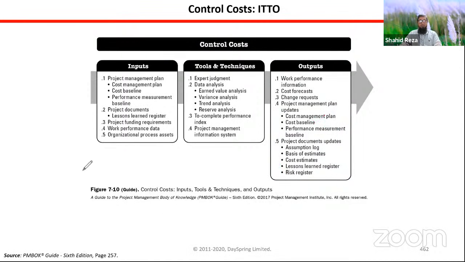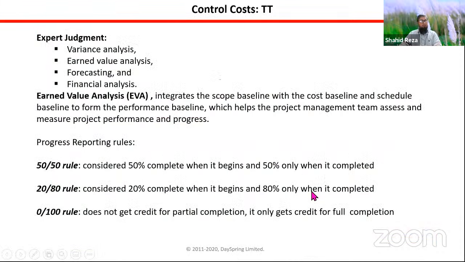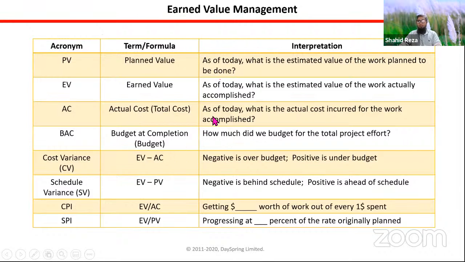Okay, so this is the control cost thing. Now, let me see what is there. Okay, this is earned value analysis. It is 10 minutes past 9, right?